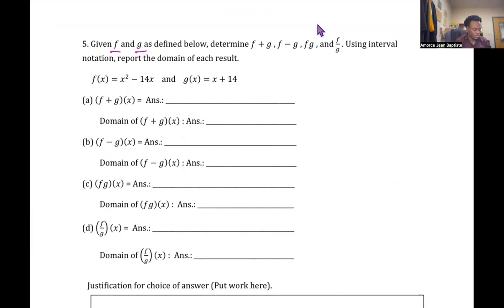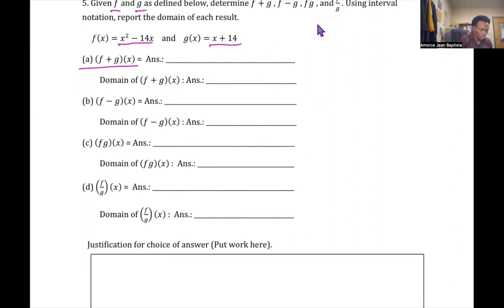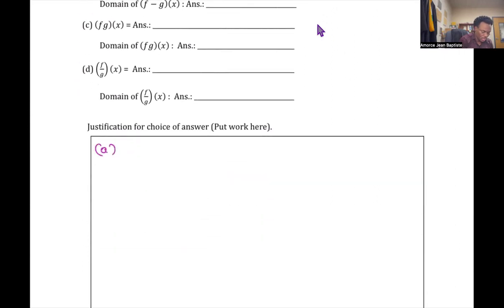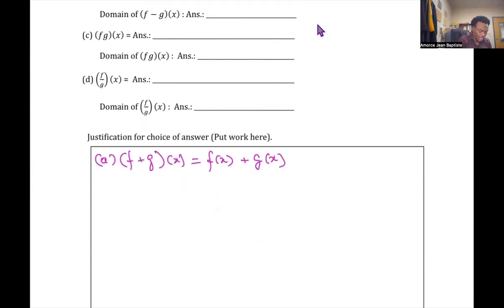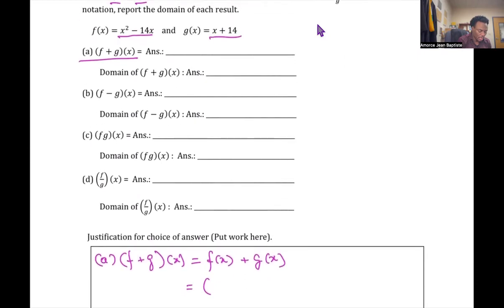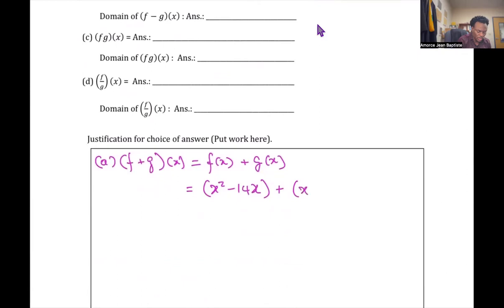We have f of x equals x squared minus 14x, and g of x is x plus 14. We want to find first a, f plus g of x. That is f of x plus g of x. We had f of x that is x squared minus 14x plus g of x that is x plus 14.